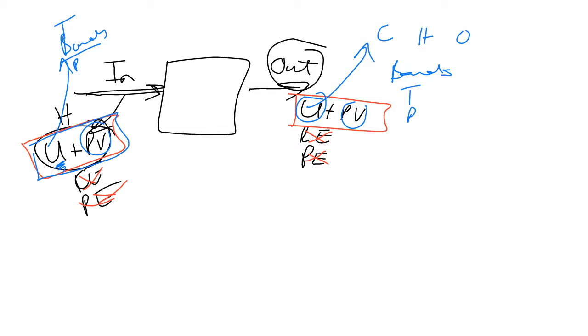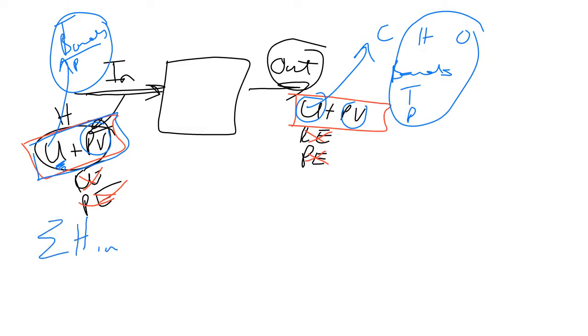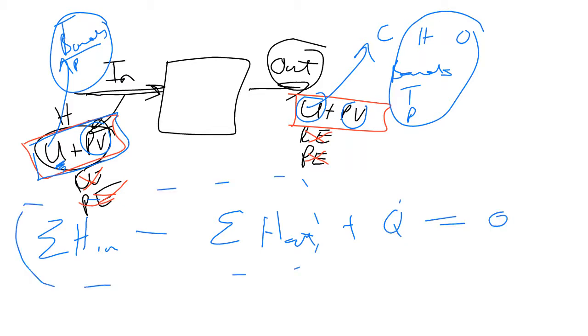This comes in at a certain state, it goes out at a certain state, and inherent in this enthalpy that comes in, sum of all the enthalpies that go in, minus sum of all the enthalpies that go out, plus Q must be equal to 0 in our energy balances. So in this is the change in enthalpy due to the reaction.